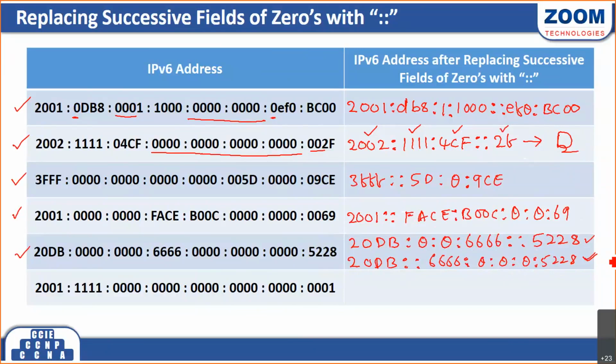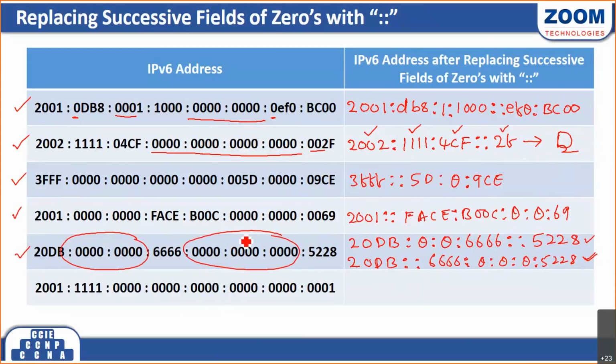Perfect. Both are valid. This is the procedure that the industry follows. Anywhere you can replace, but the logic is that instead of replacing 2 fields, it is better to replace 3 fields. There is no proper pattern that the industry follows, so you can use either one, both are valid.